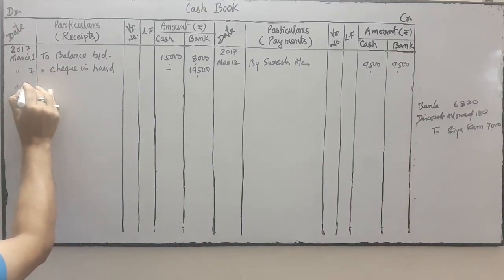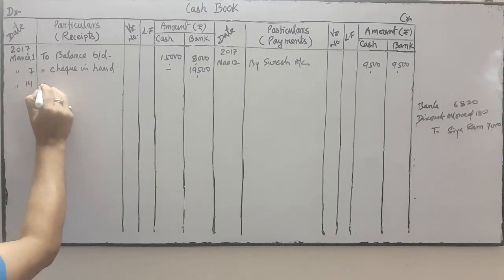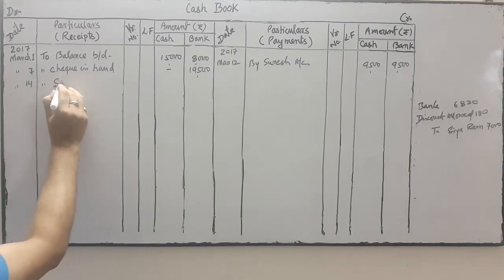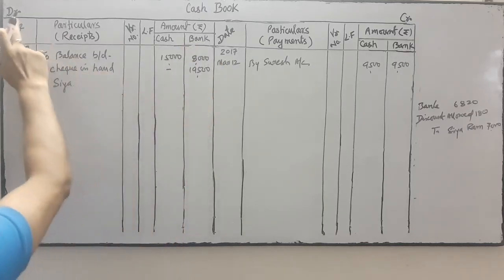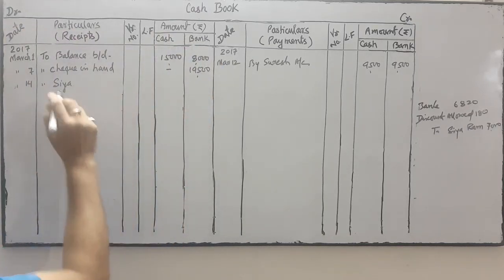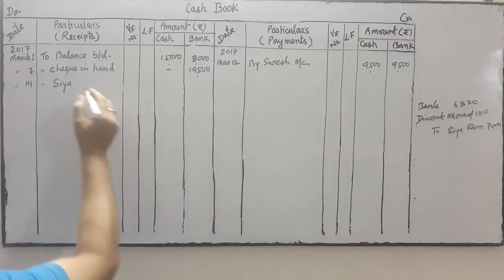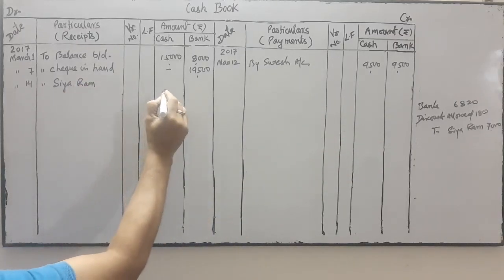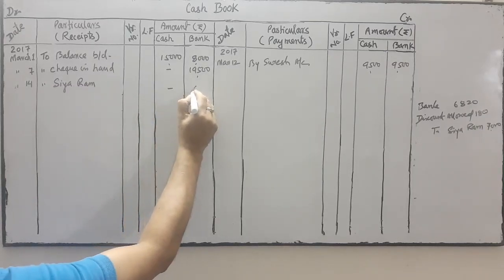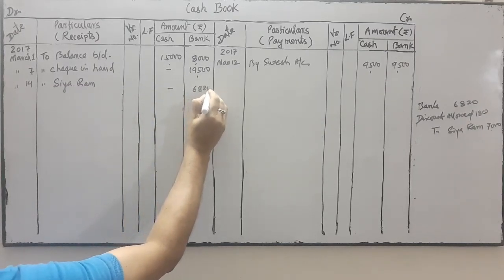Debit side, date is 14, to Siaram. Bank is on debit, so on the debit side of the bank column we will write just opposite of bank, which account is there, Siaram, and we'll write the amount in the bank column 6,820.